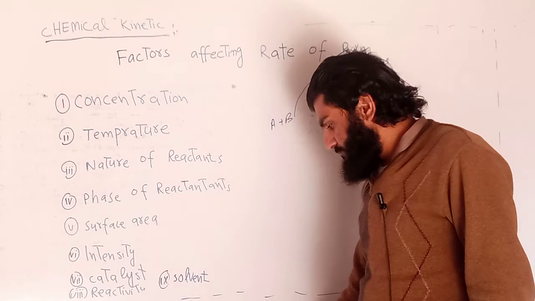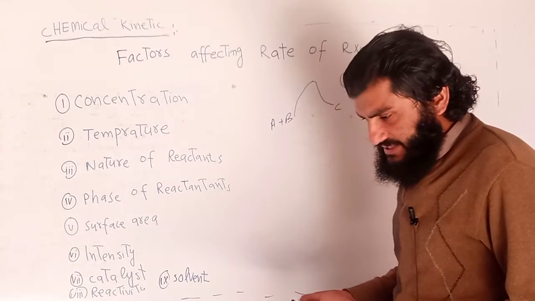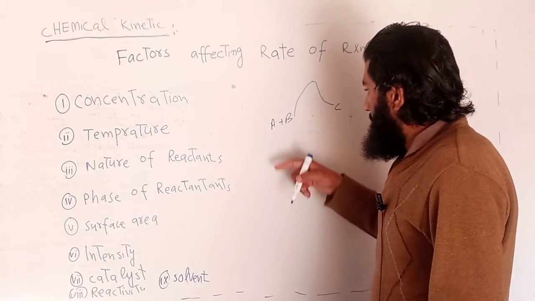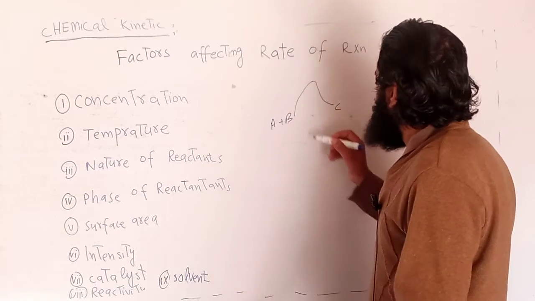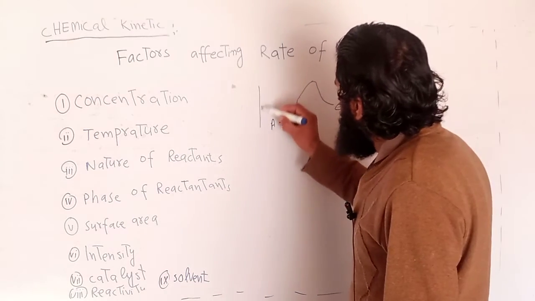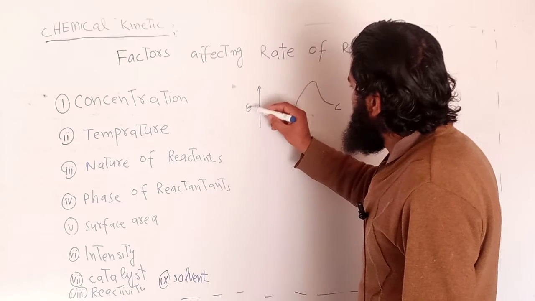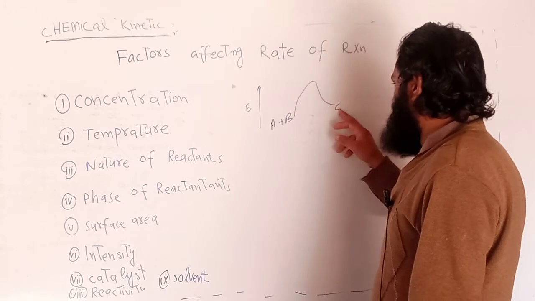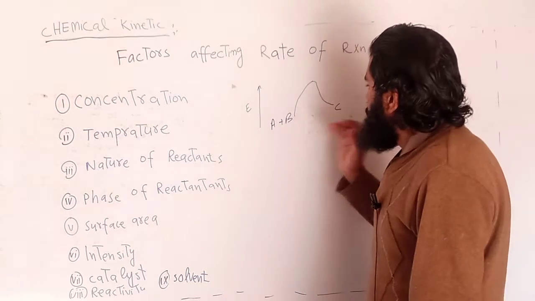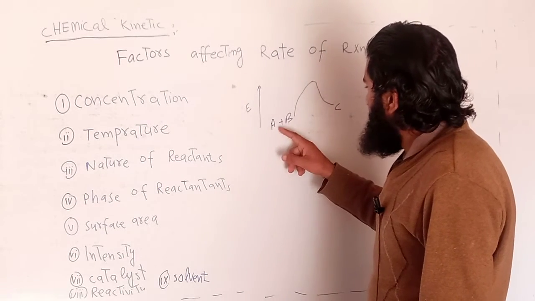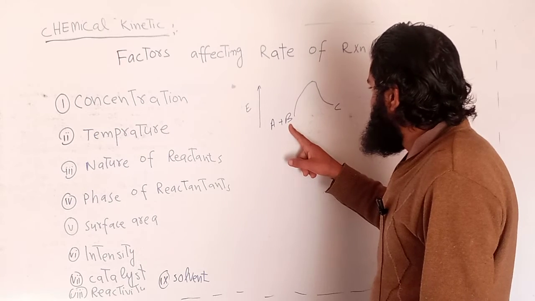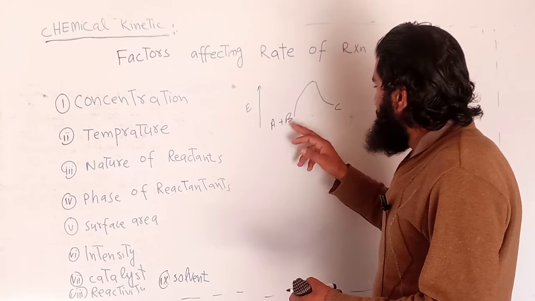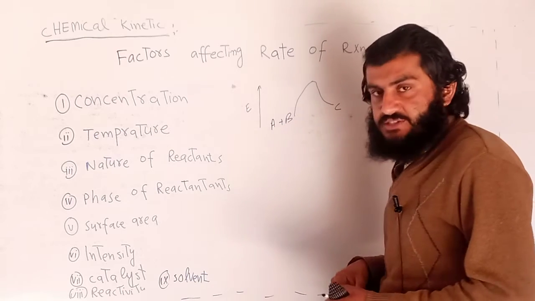So what is the role of a catalyst? First of all, I draw this as the energy axis. If A reacts with B and forms C, we will give energy to A and B, and this energy should be equal to the activation energy.